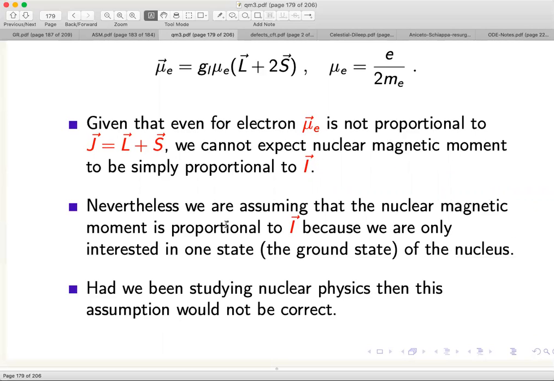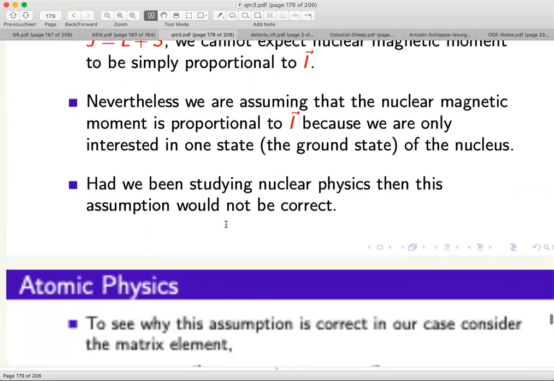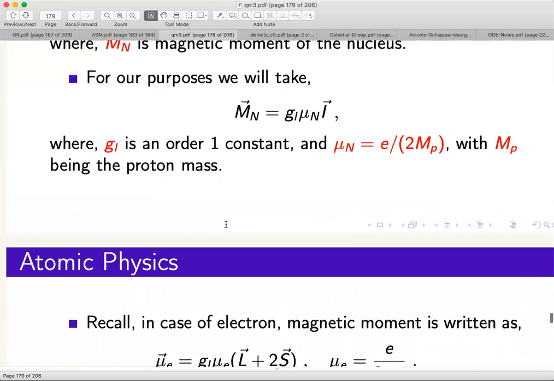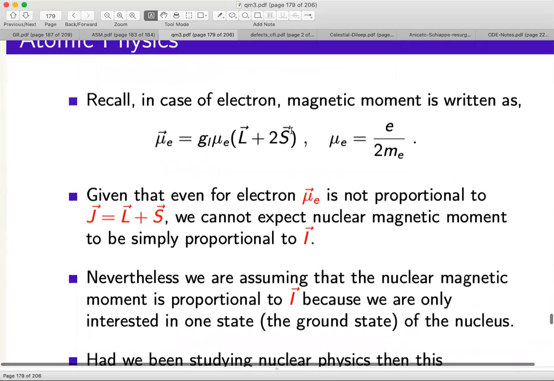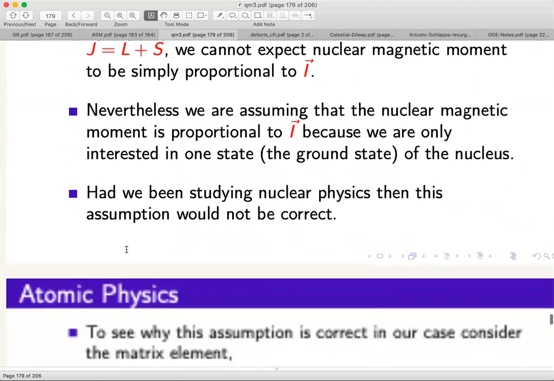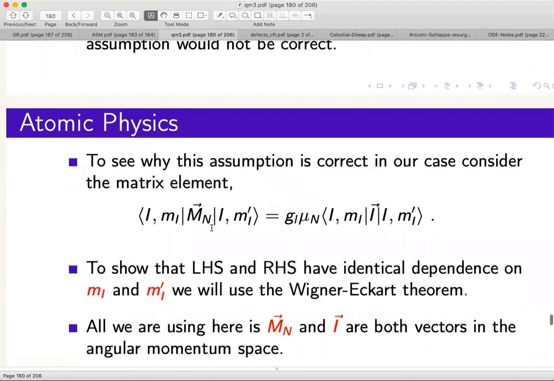We don't want to even look at it. So what I wanted to establish was that this expression that we had written down for the ground state makes sense provided you do not worry about any other nuclear degrees of freedom. That is what we basically established.